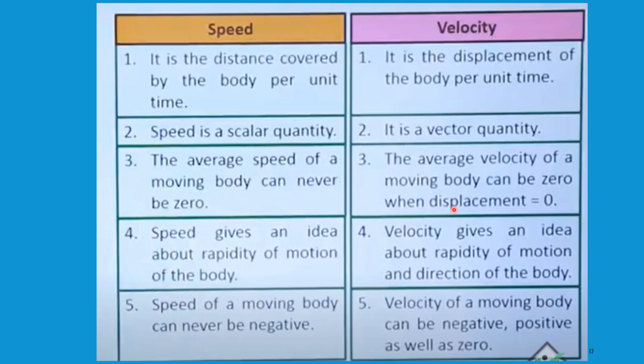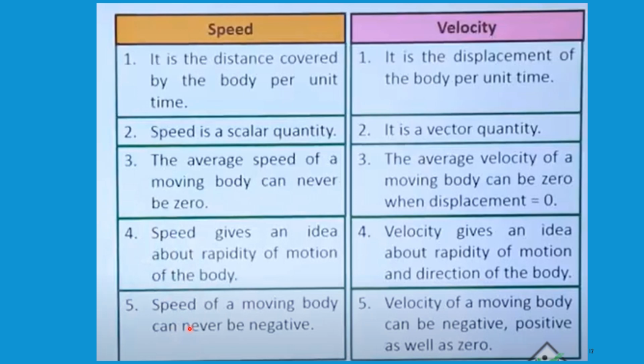Fourth difference, speed gives an idea about the rapidity of motion of the body. Velocity gives an idea about the rapidity of motion as well as the direction of the body.